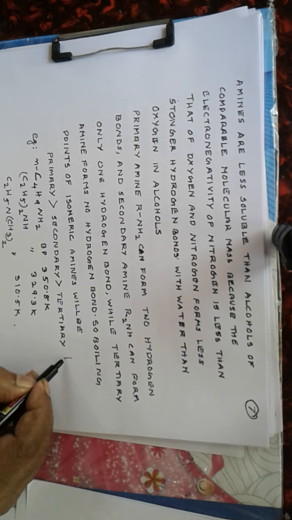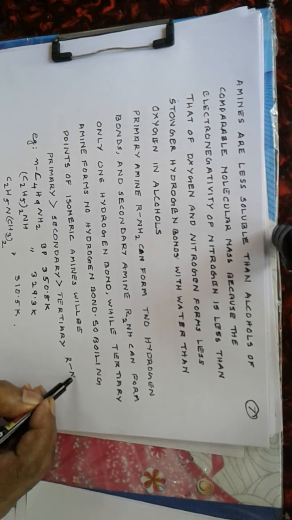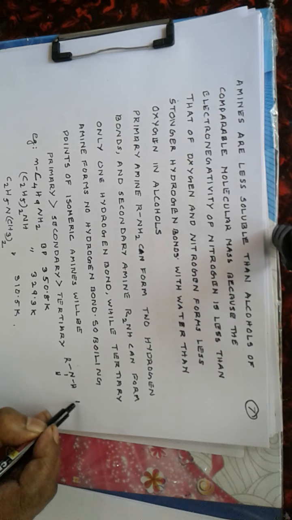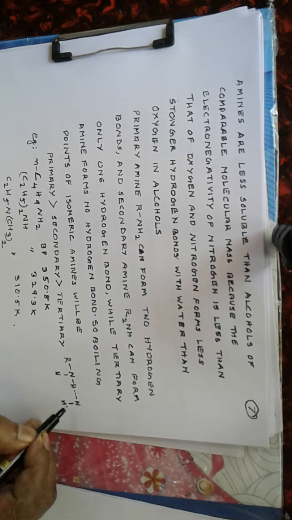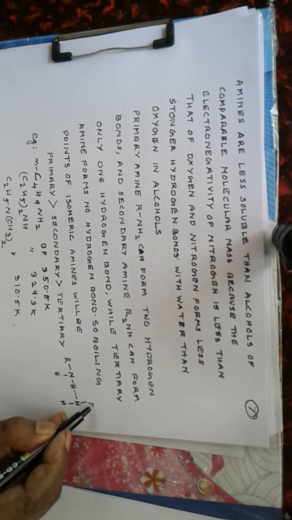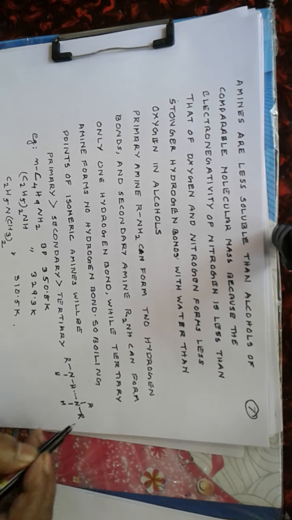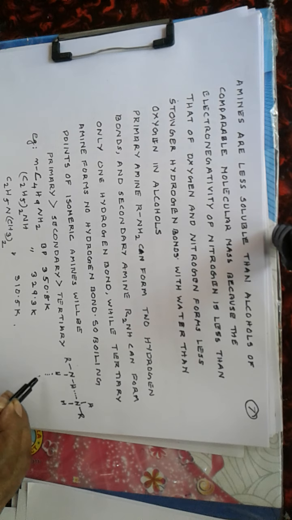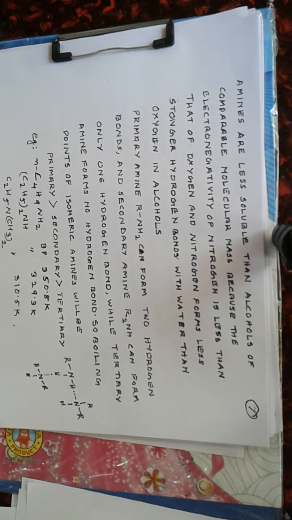So when we consider 2 amine molecules, primary amine molecules are NH2, with N hydrogen bonded to H, R, and this also can form hydrogen bond with nitrogen. So a primary amine can form intermolecular hydrogen bonding using its 2 hydrogen atoms.